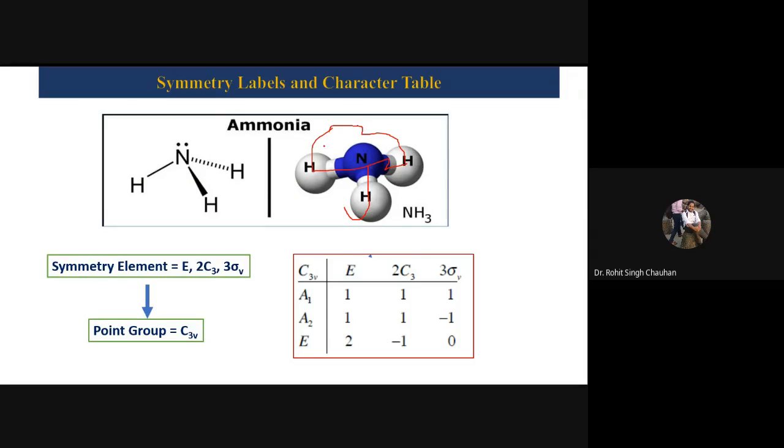But this angle is out of the plane, always remember. So any movement around this angle will be called umbrella motion. I'm showing this here to make you understand how this umbrella mode works. Now we will move next.